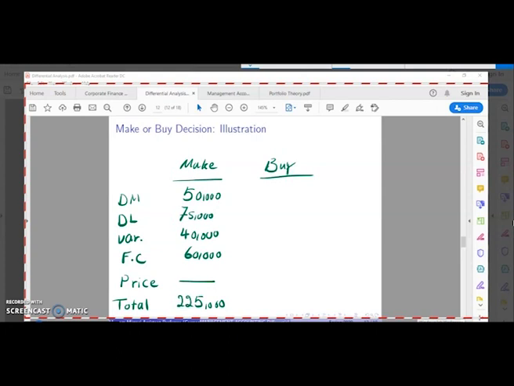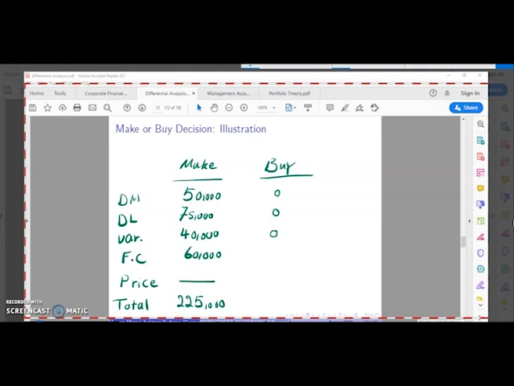The next scenario is if I buy the component without producing it in my company. So I don't have any direct material and direct labor. I don't have any variable cost because the variable cost will be there if I produce any unit of product. And next is the fixed overhead. In fact, whether I produce or not, I will have some fixed costs.